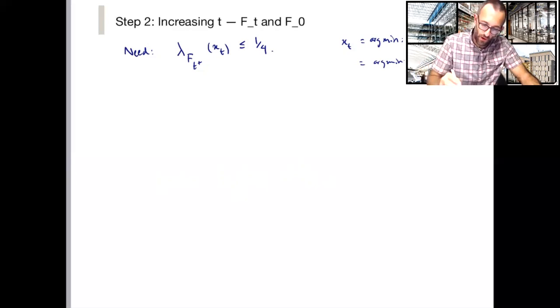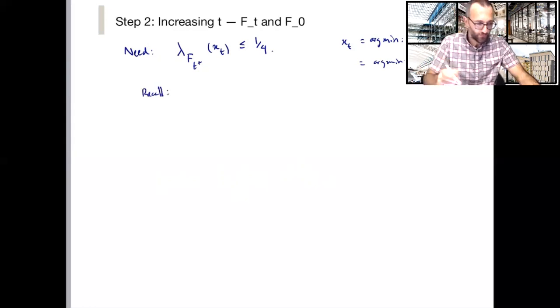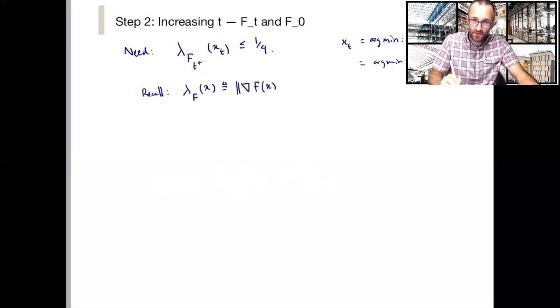And also recall our definition of the Newton decrement. This is the dual of the local norm. So recall that lambda f of x is defined as the gradient of f evaluated at the point x, measured in the dual of the local norm, again at x. You can see the previous session for the definition of this.